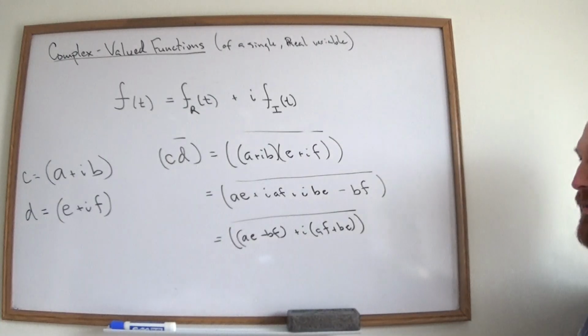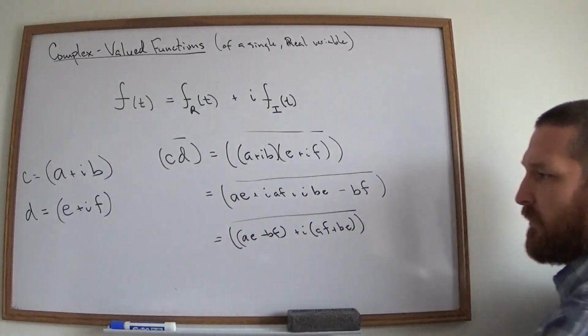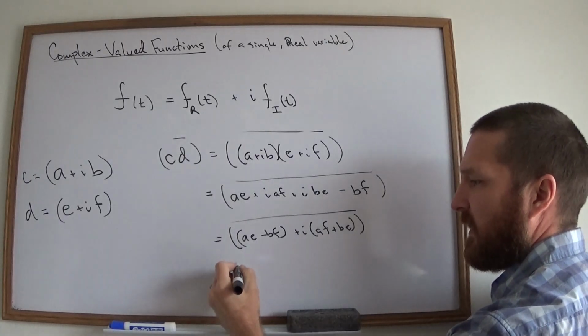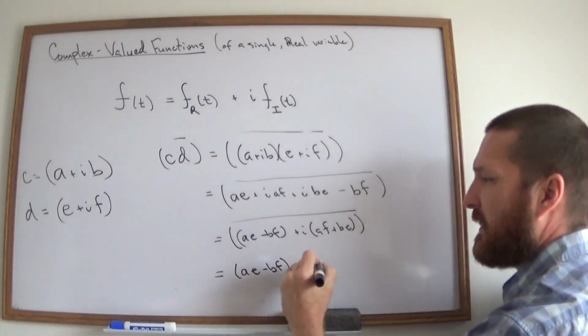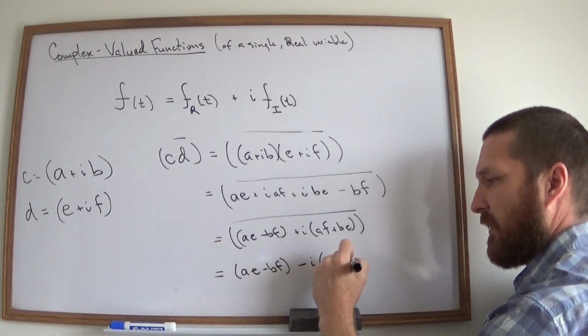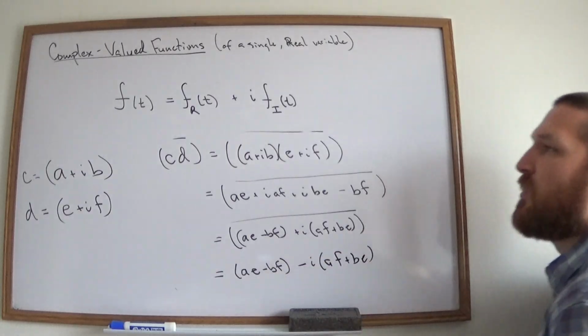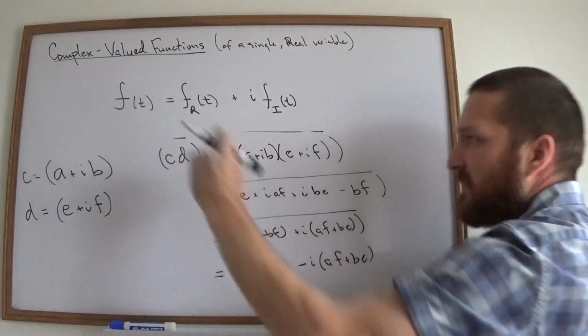Then I take the conjugate, and by definition, wherever we see an i, we make it negative. So let's just make the i negative, and that has the result of ae minus bf minus, instead of plus, now we have a minus i times af plus be. So that's what I get when I multiply it out, then take a conjugate.